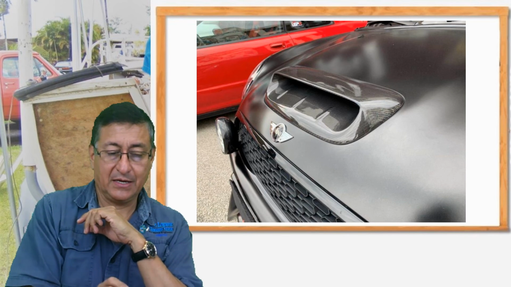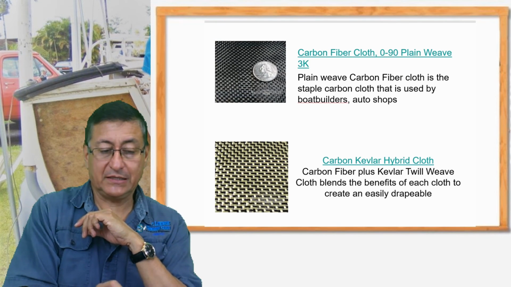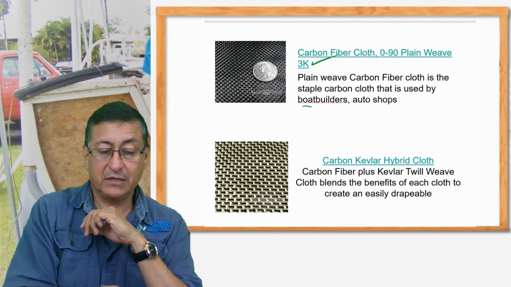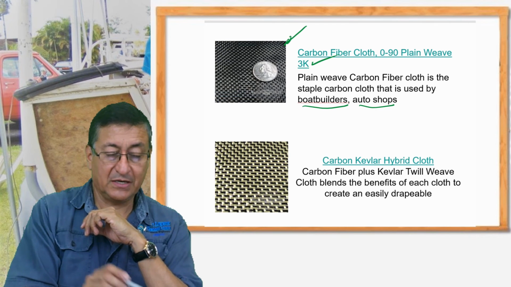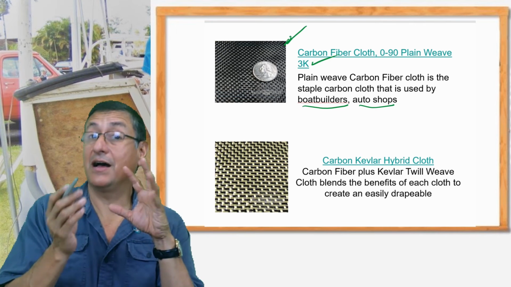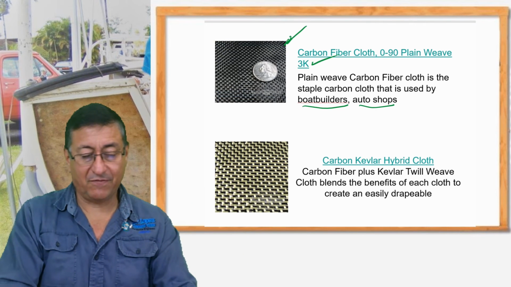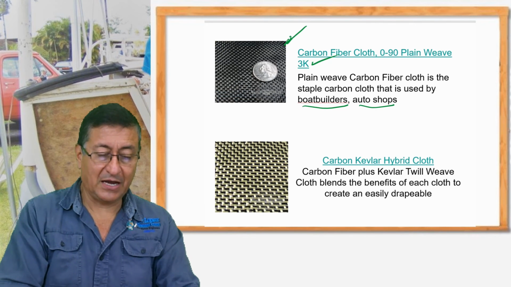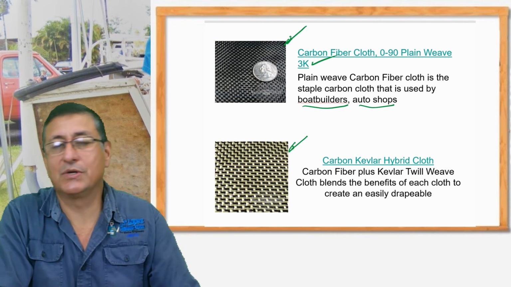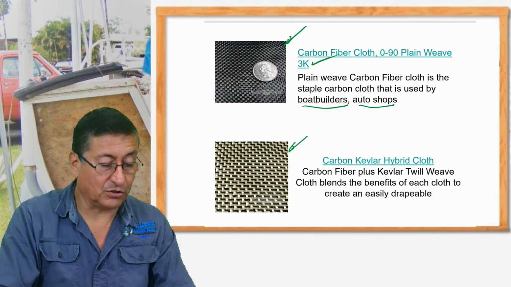There are fiber cloths like this. The 3K is a staple carbon cloth used in boat building and in automotive applications. This is its appearance. And this is the other one, carbon Kevlar hybrid. The appearance is nice, and when covered with epoxy resin it produces excellent structures.